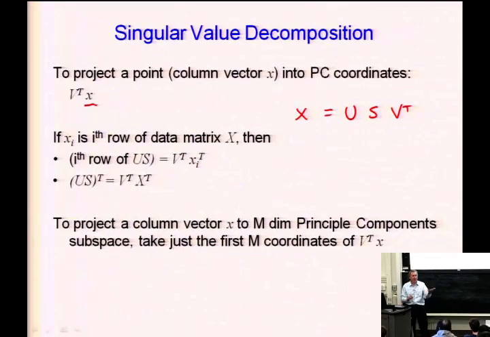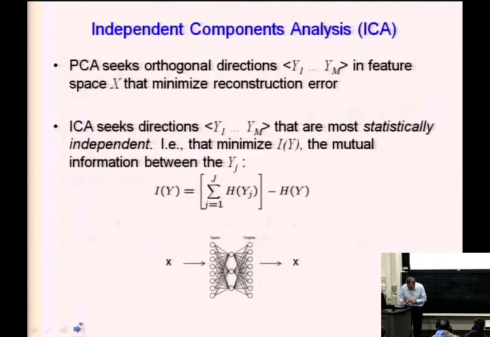If X is your data, say a new image, a new face, then you just multiply the vector X times V transpose, that matrix which has all the rows are the eigenvectors, the principal components. And so if you just multiply the column vector X times that, you'll be projecting that onto each of the dimensions that are in that lower dimensional space. So it's just a simple vector times V transpose product. Okay, so there's SVD.